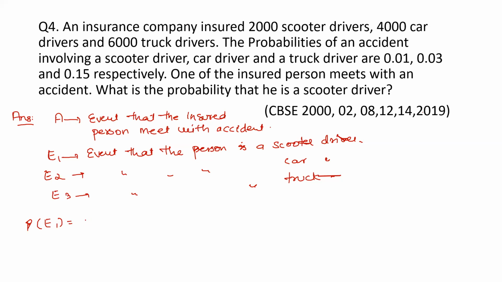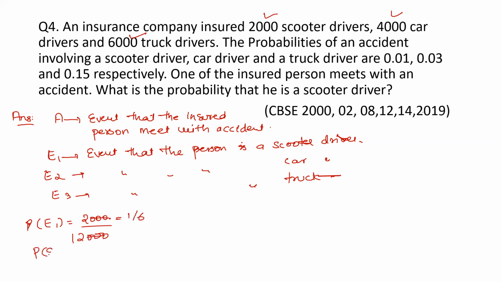So 2000 can't be the probability. What will be the probability? 2000 by total. Total is what? 2000, then 4000, 6000, then 6000, 12,000. So P1 is this one, which is 1 by 6.